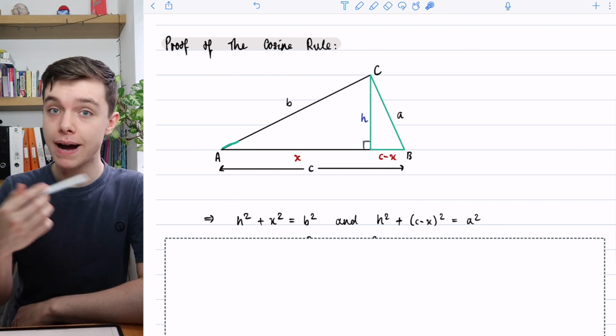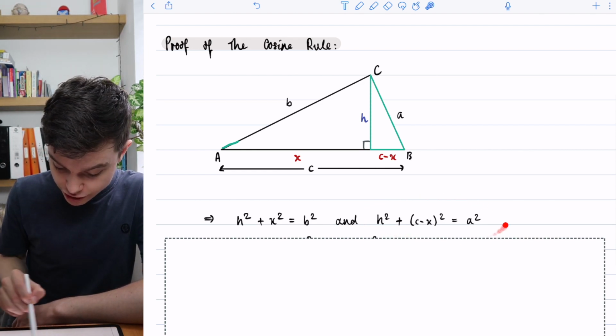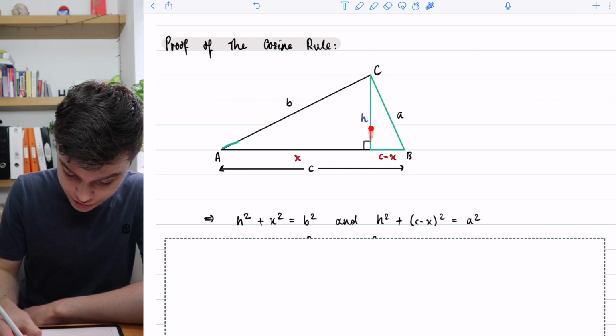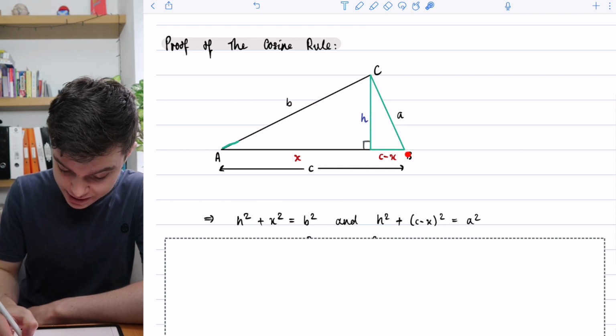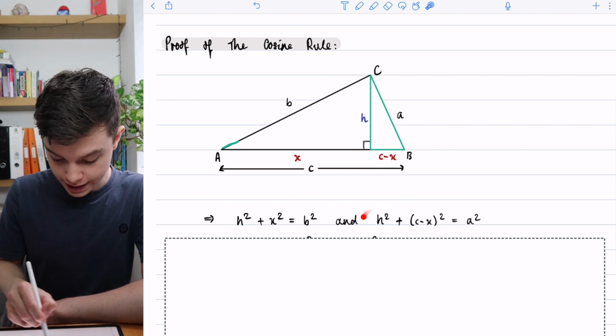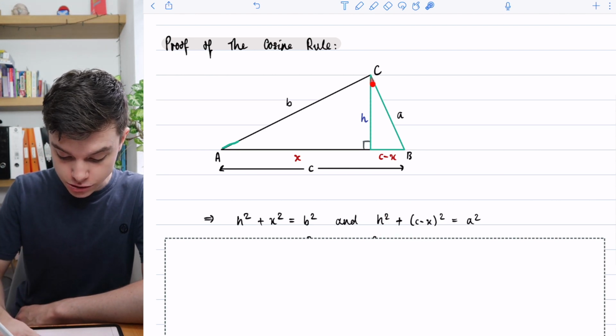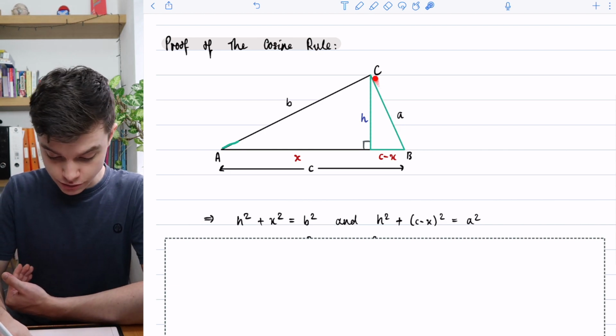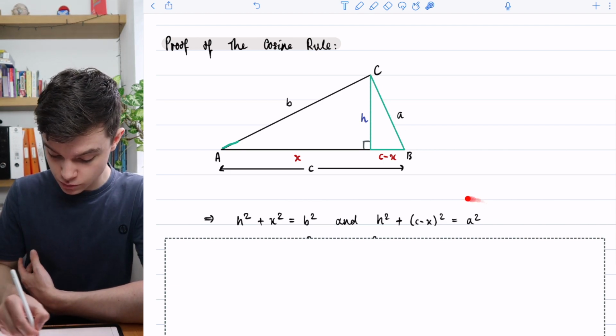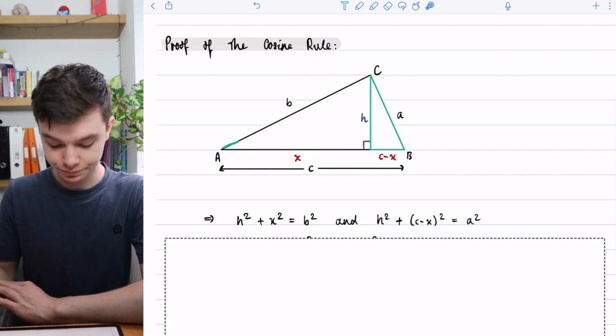And we can also do Pythagoras on that to give us this here. The two shorter sides, which are h and c minus x, square both of those and add them together. So h squared plus (c minus x) squared is equal to the slanted side, or the hypotenuse, which is a squared. So that's where this comes from here.